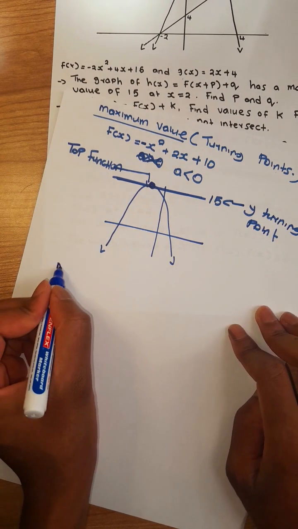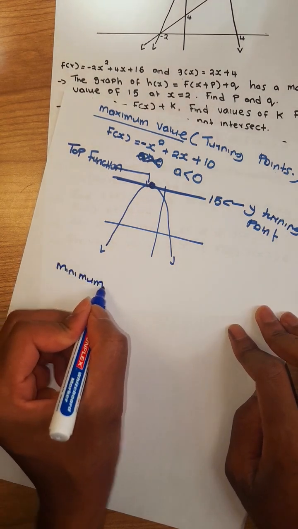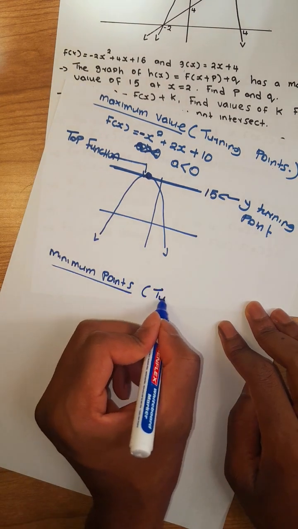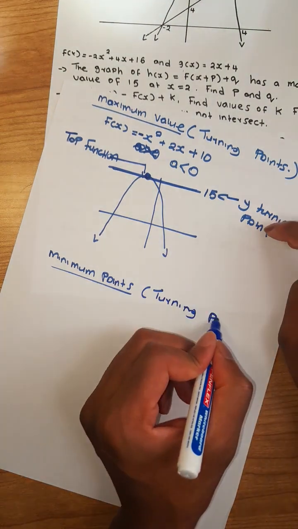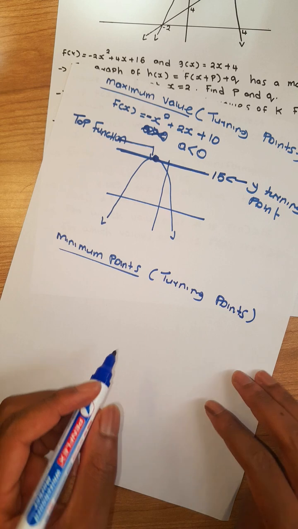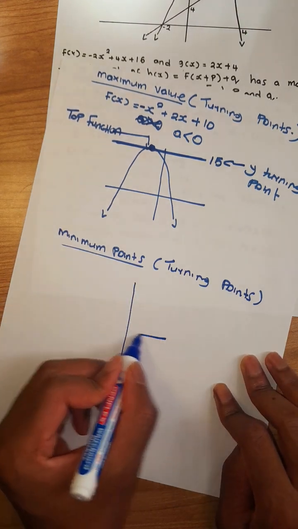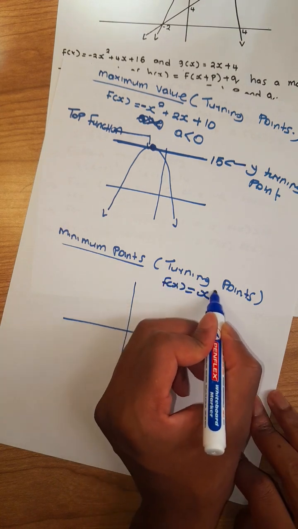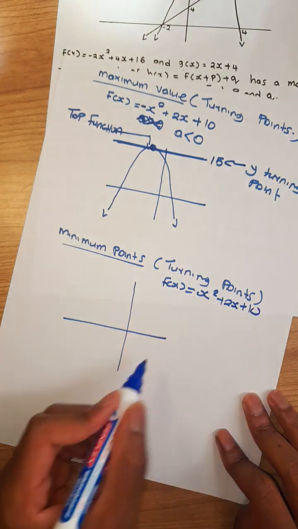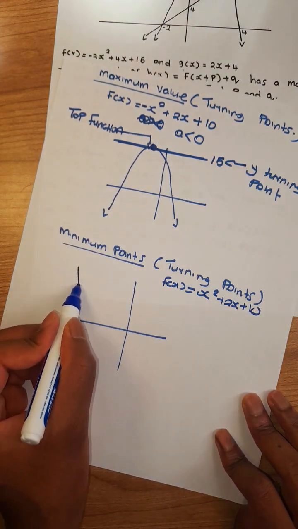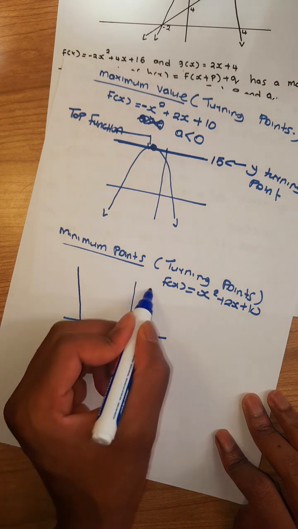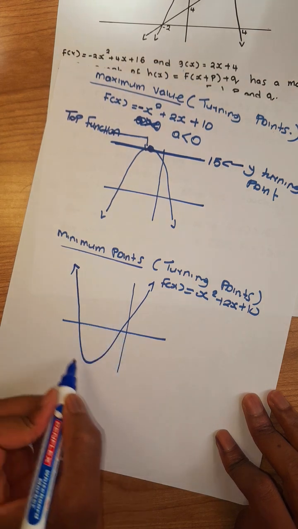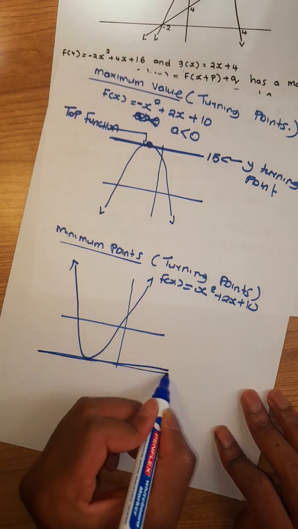But when we talk about minimum points, when we discuss stuff about the minimum point, it is also referring to turning points. Within the sections of turning points, you realize that you are going to have a function f at x equals to x squared plus 2x plus 10, something like that. You realize that you're going to have something like this. So the value of y of the turning point is at a minimum.